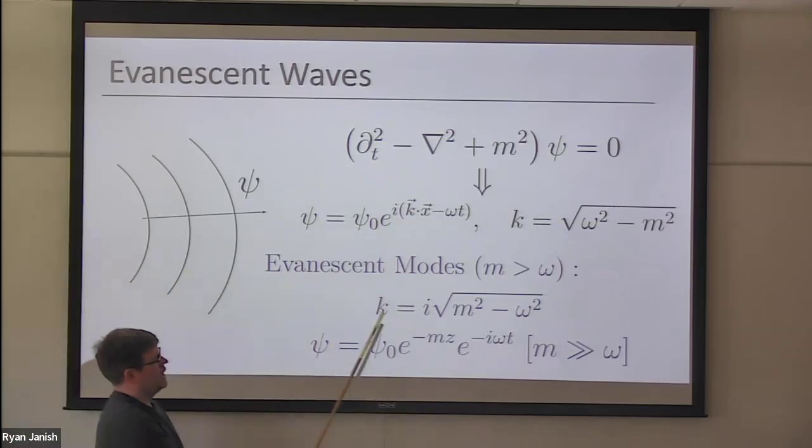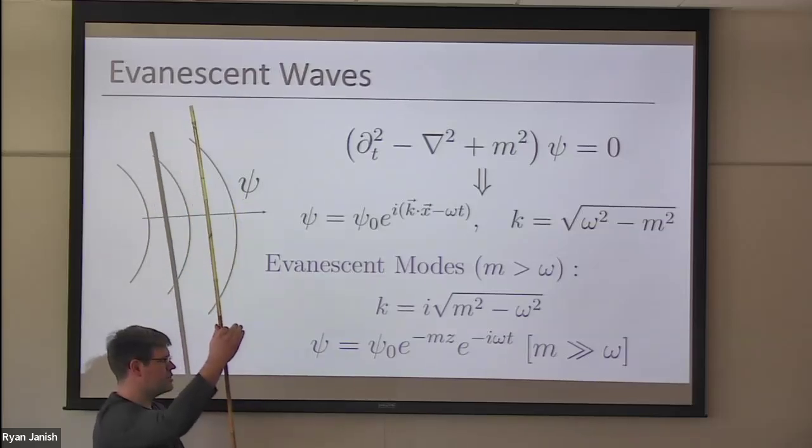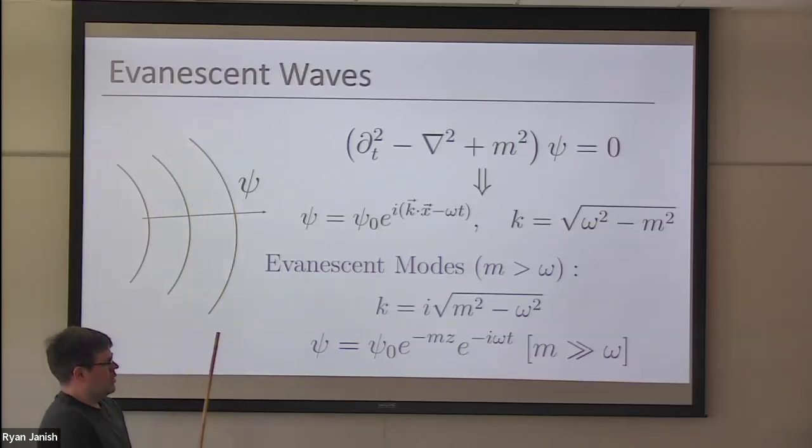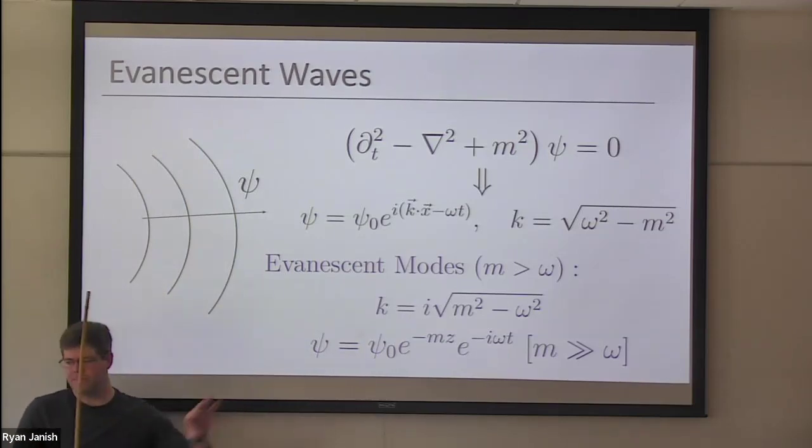So if the mass of our hidden photon is much, much bigger than the source, then we will still be able to produce hidden photon modes, disturbances in the hidden photon field. They'll just be exponentially decaying modes instead of propagating modes.